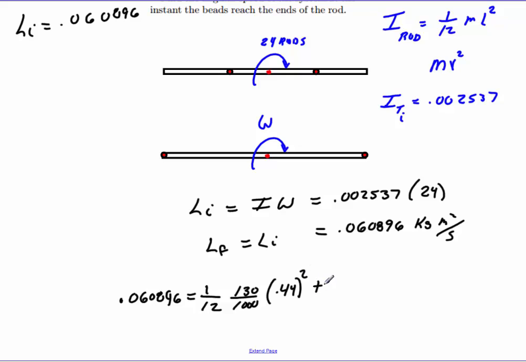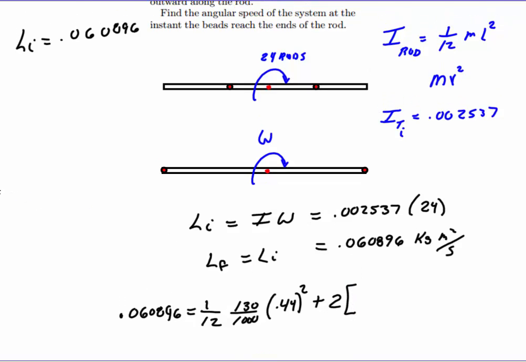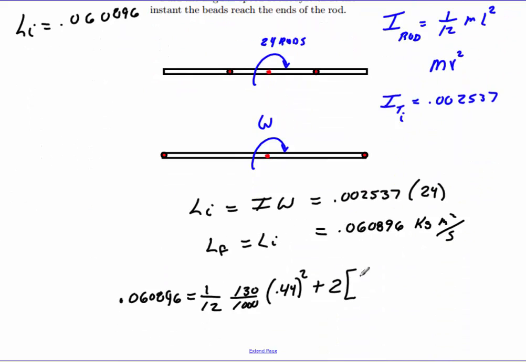And then you're going to add this, plus, I've got two of these guys, so I'll put 2 times the mass of the beads, and the mass of the beads was 22 grams, 22 over 1,000, and now they've moved to the end, right? So are they going to be 0.22 squared? That should give you the total moment of inertia. And then just set that equal to final, and you solve.